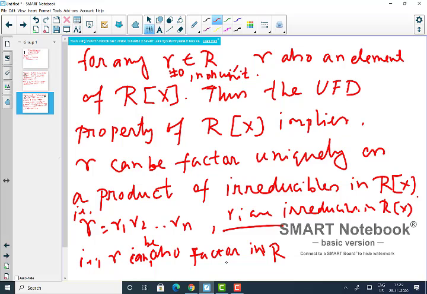This is a simple observation, and that gives you the proof that capital R is a UFD. You can prove this in a different way also: suppose R is not a UFD, then you can show that R[x] is not a UFD. Okay, clear.